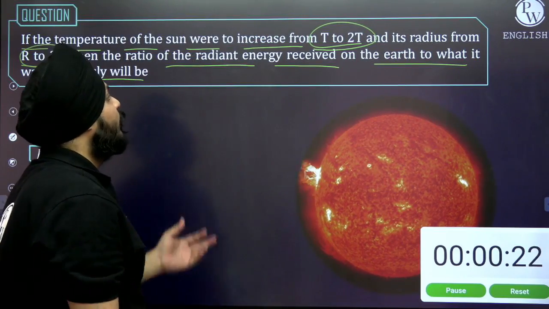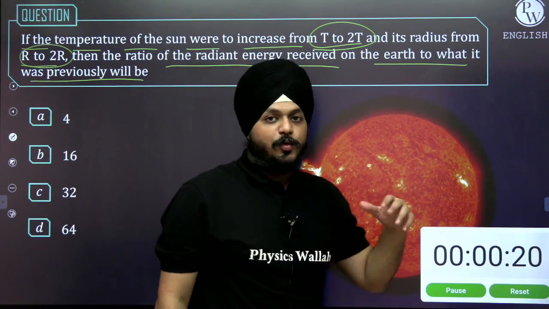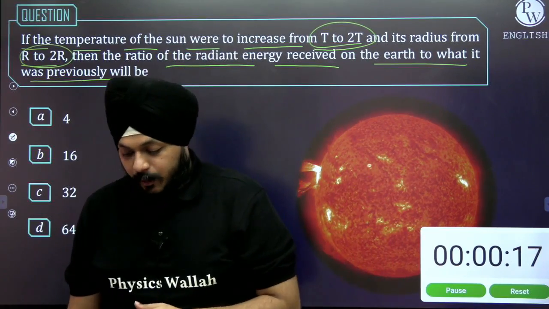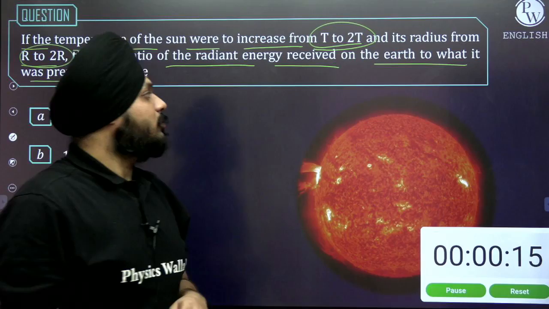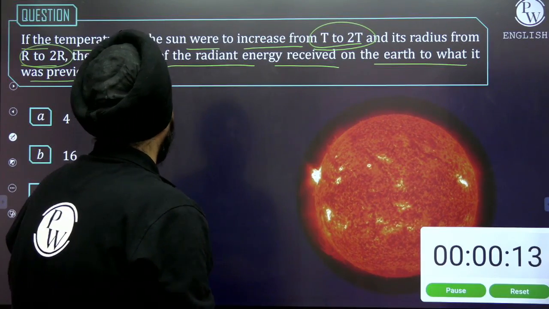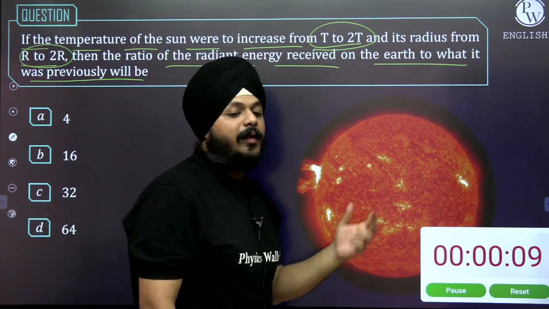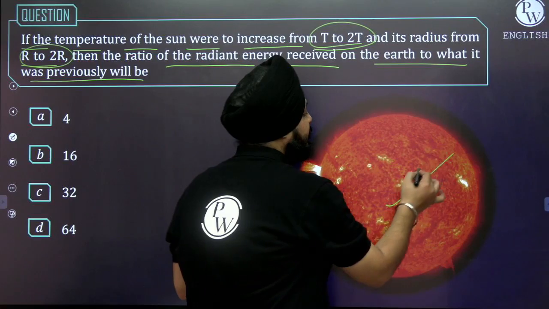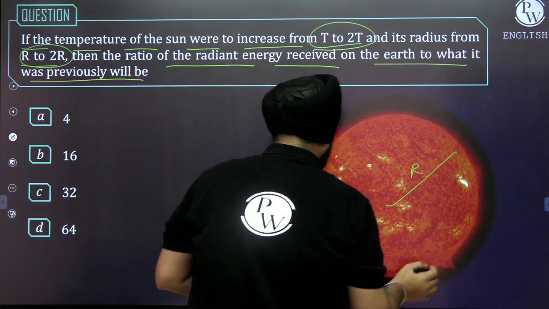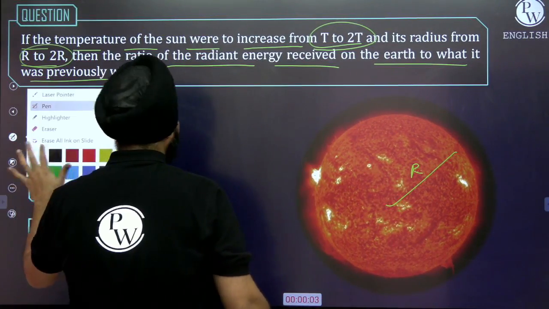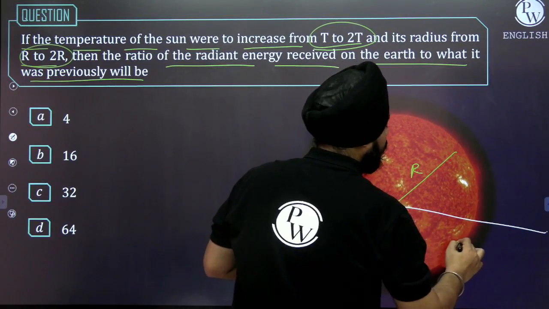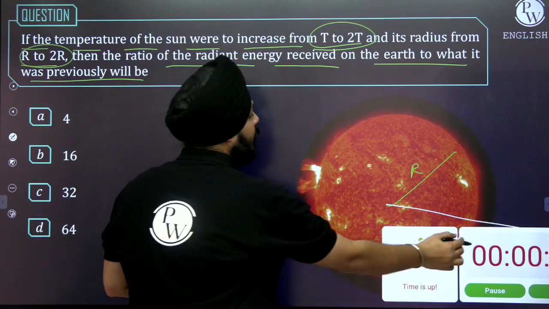After this, we are going to discuss 1 to 2 laws related to radiation in heat transfer. Now, less than 15 seconds remaining. Very simple thing. One visual is also in front of you, and that will help you a lot.